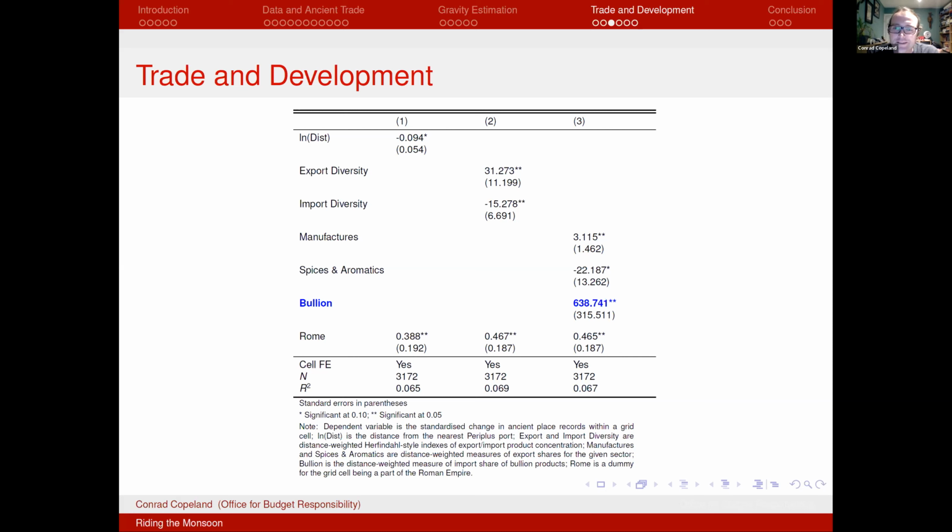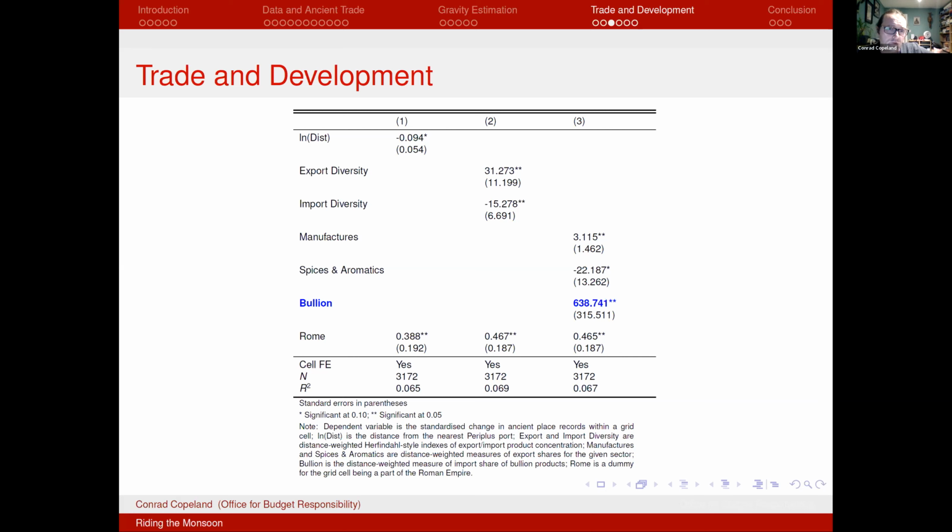Regardless of the moralizing in his claims, the claim itself seems somewhat accurate in the sense that cities that imported a lot of specie or bullion or precious metals tended to be more developed and have larger levels of development.